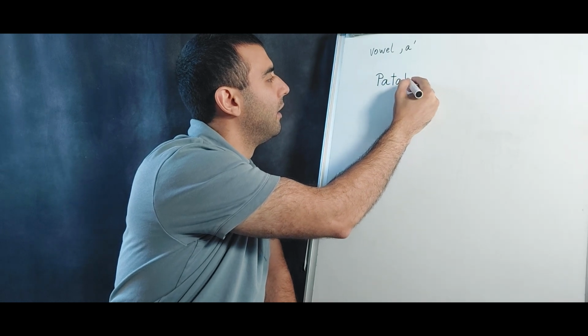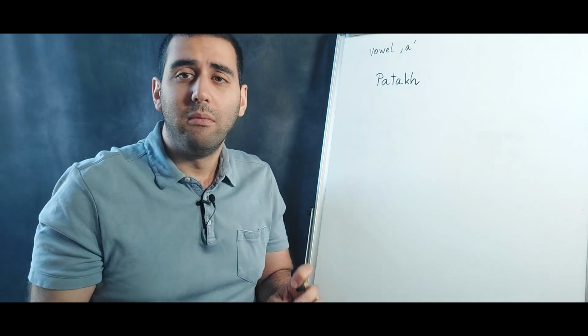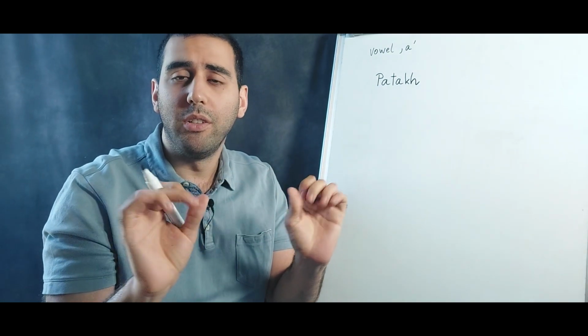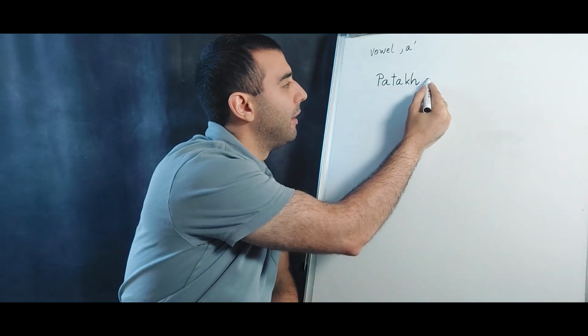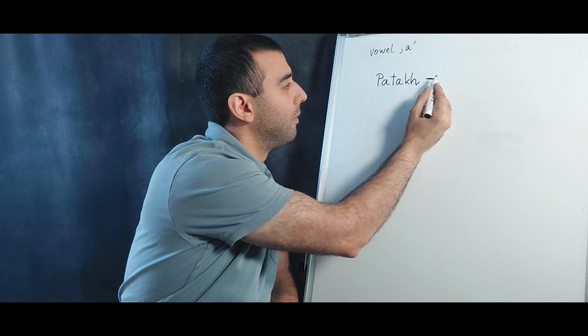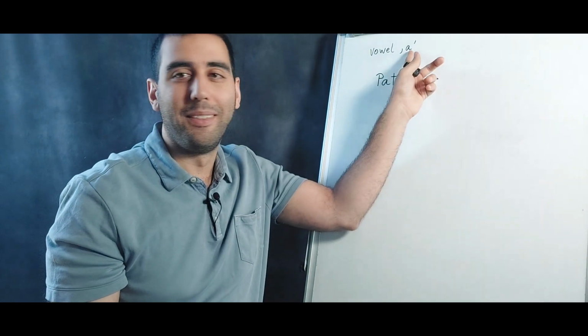And it's written very simply by drawing a horizontal short line, like that. So there's a huge difference between this line and this ah, right? But this is how they do it in Hebrew.